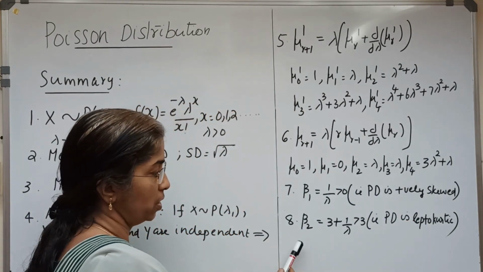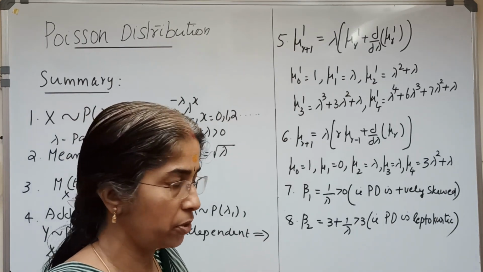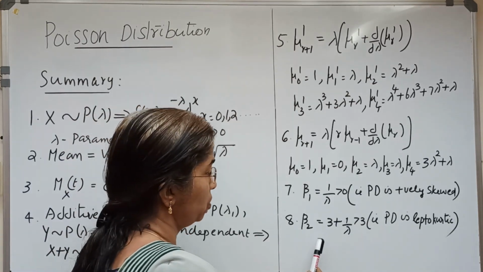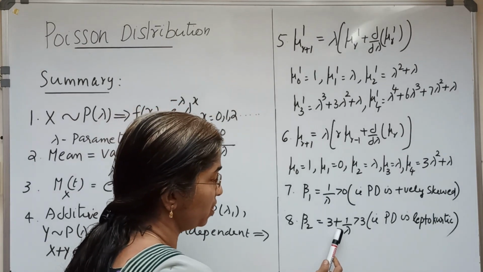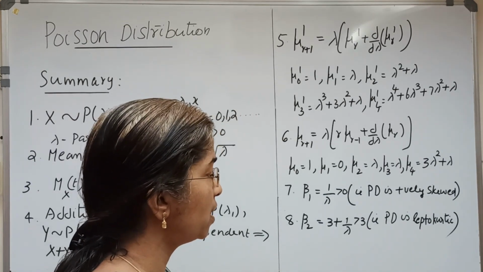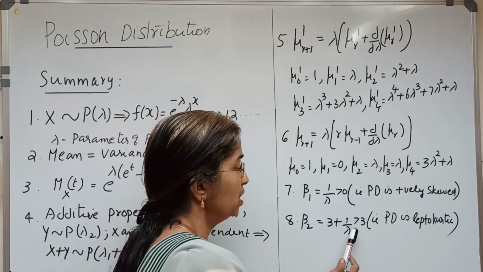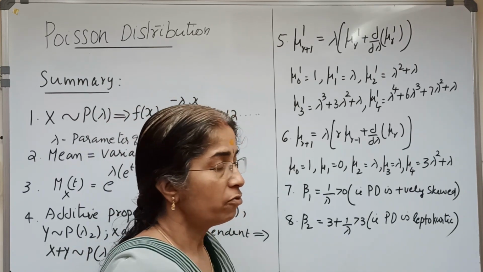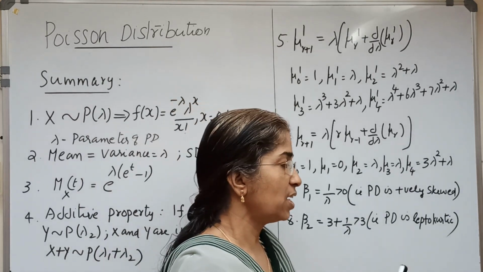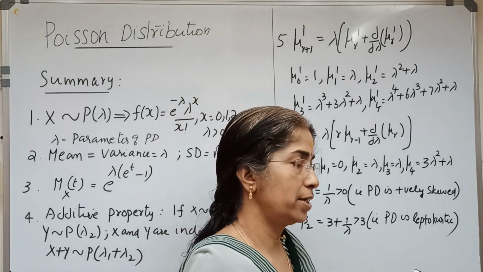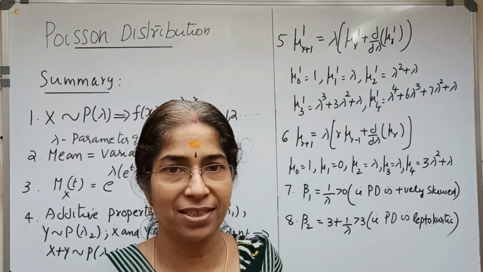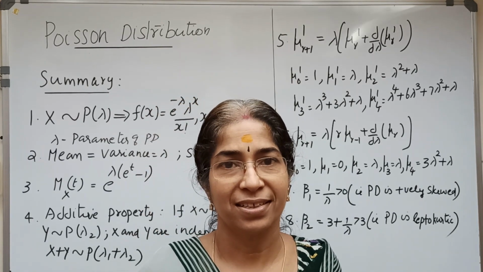Now beta 2, the measure of kurtosis, equals mu 4 by mu 2 square. On substitution we get it is equal to 3 plus 1 by lambda, which is greater than 3, so Poisson distribution is leptokurtic.